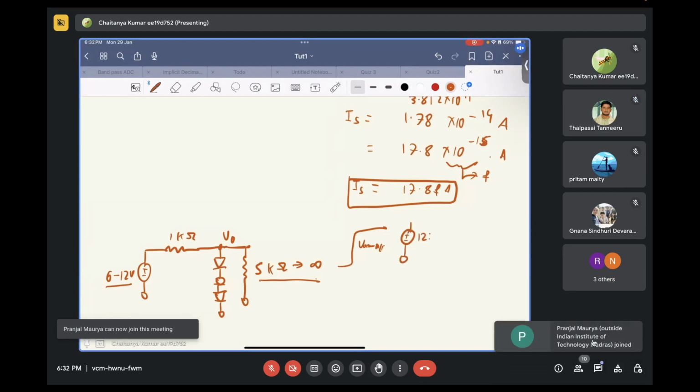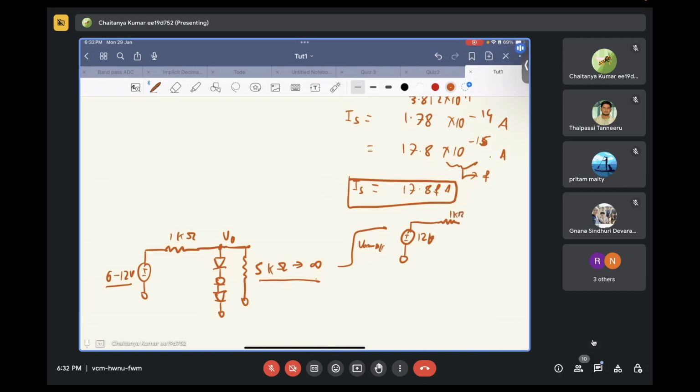So, 12 volts, then you have 1 kilo ohm of resistance, then you have V naught, and over here this diode combination, and the output is open circuit.